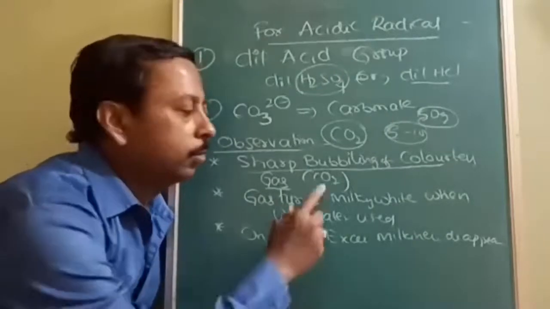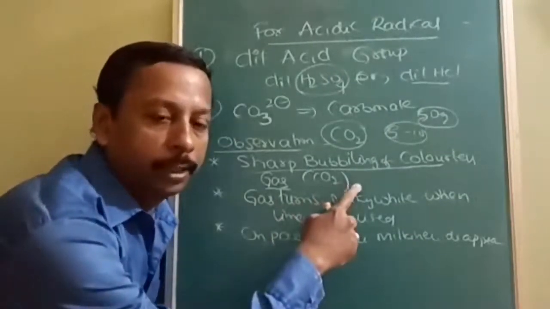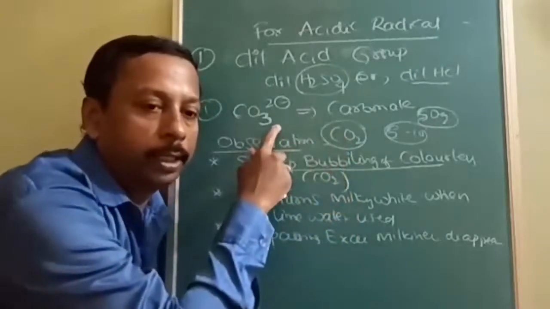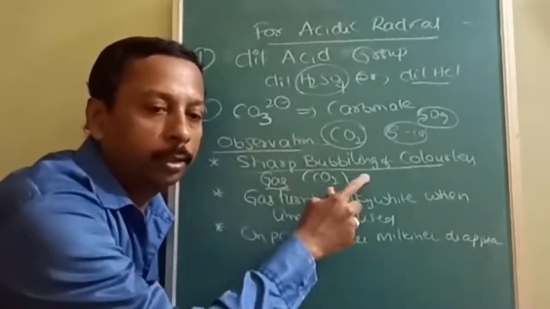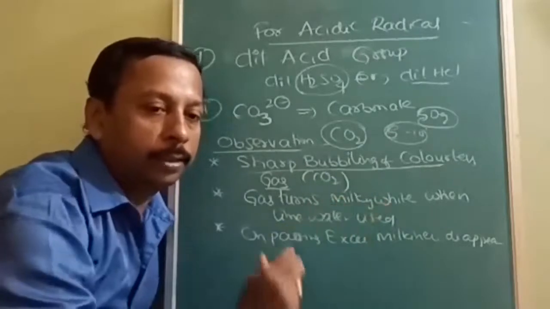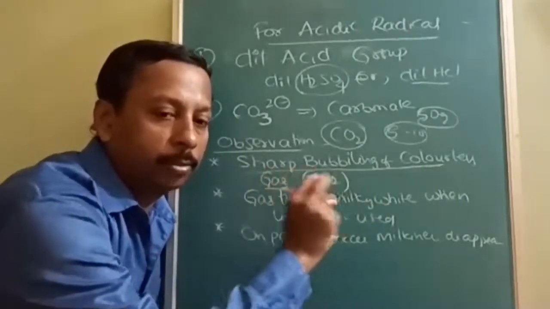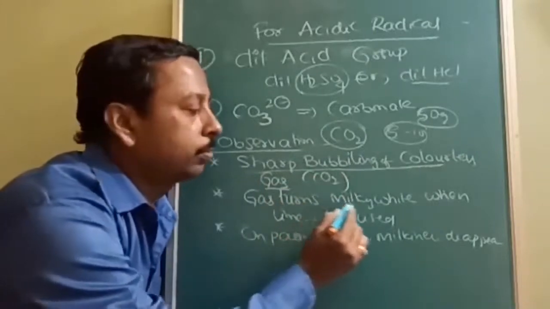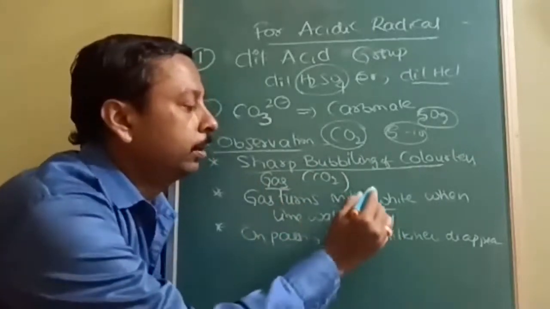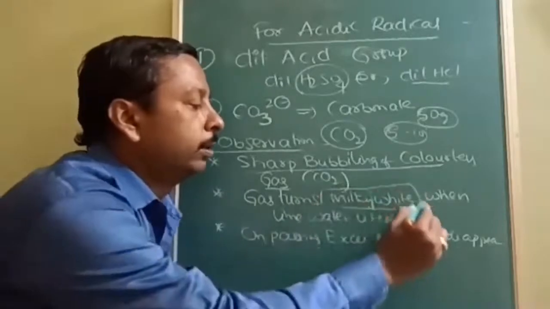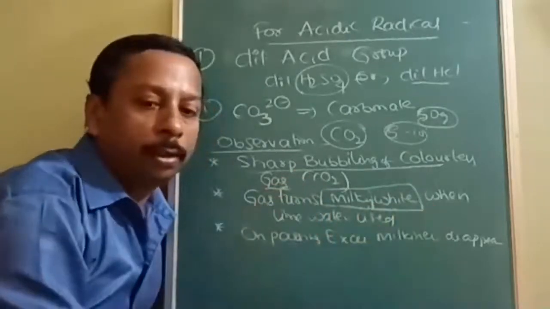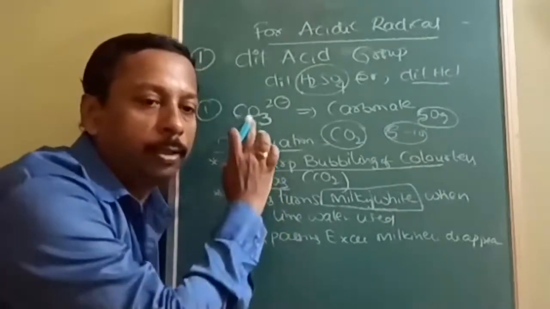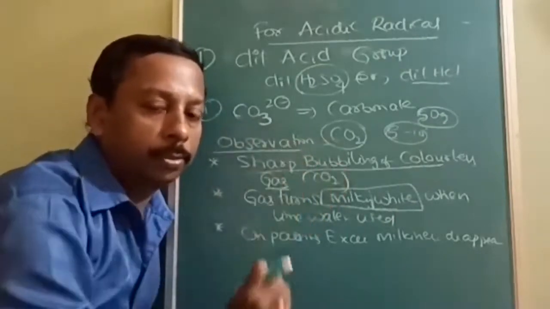This is only a preliminary test. Here we can say the acidic radical may be carbonate. The confirmatory test is that the gas coming out is passed through lime water. If that lime water turns milky, it is almost certain that it is carbonate, because the gas coming out is CO2.